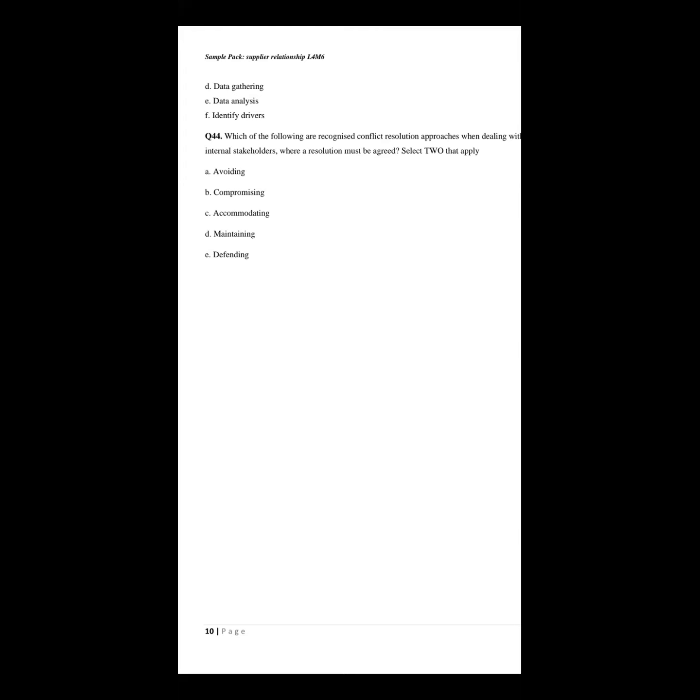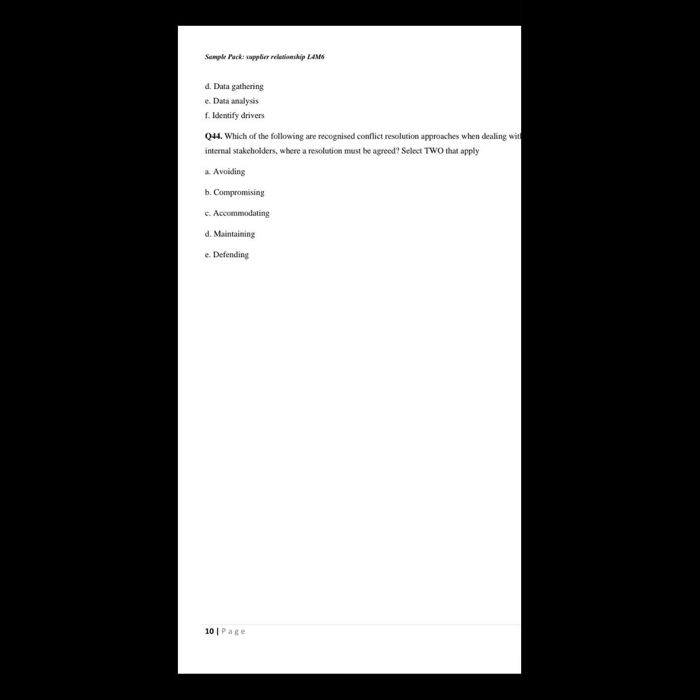Cost modeling. Okay, like Jocelyn said, cost modeling is when we try to understand the supplier's cost structure. What goes into their cost of production: their labor cost, their direct cost, their indirect cost.